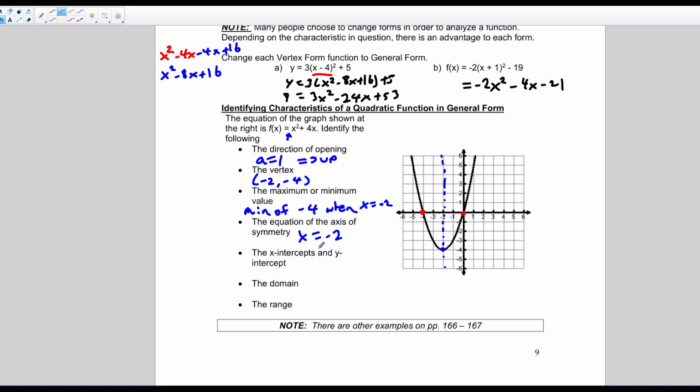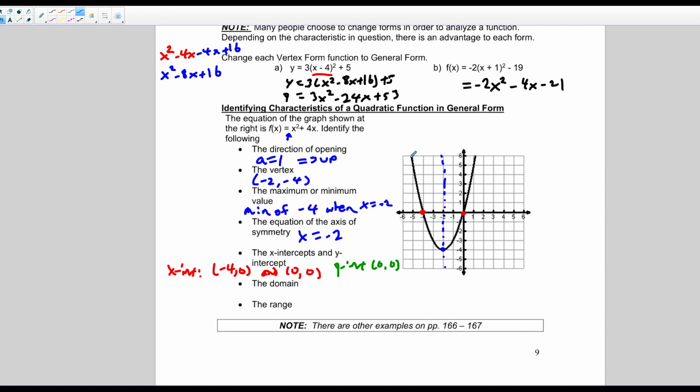So right here we have 2 of them. We have negative 4, 0, and we have 0, 0. Your y-intercept happens to also be the same as one of your x-intercepts. So we have a y-intercept of 0, 0.